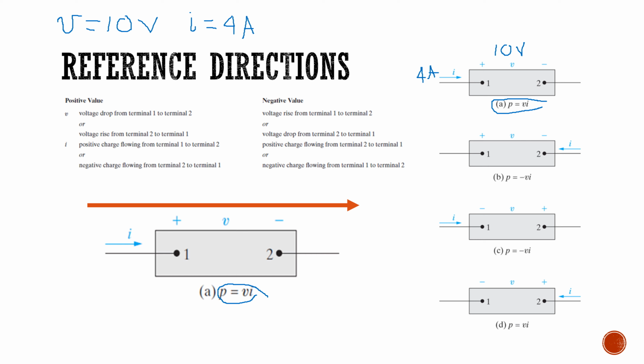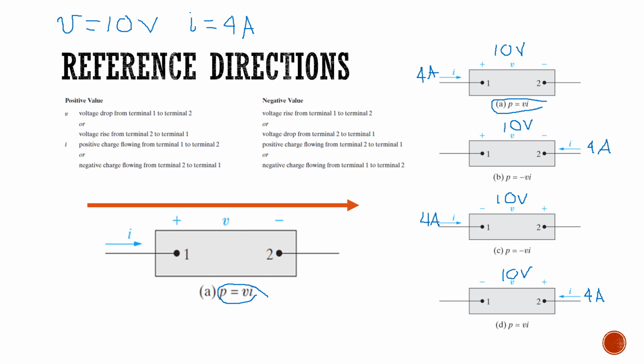So let's write that for each one. Positive 10 volts, positive 4 amps. Positive 10 volts, positive 4 amps. And last one, positive 10 volts and positive 4 amps.